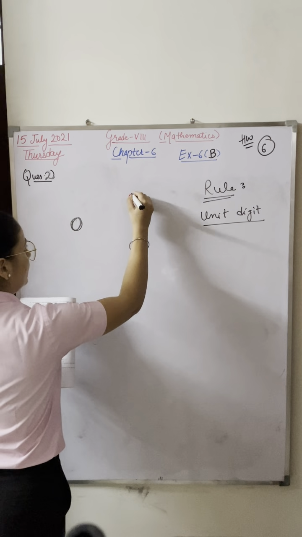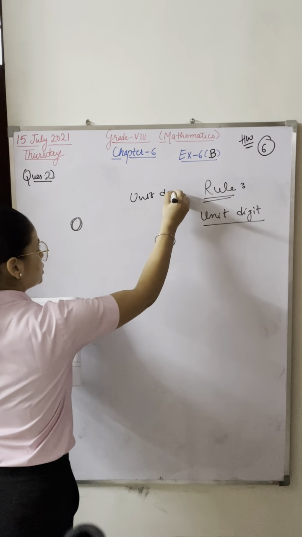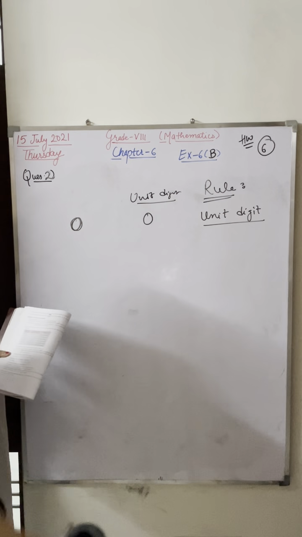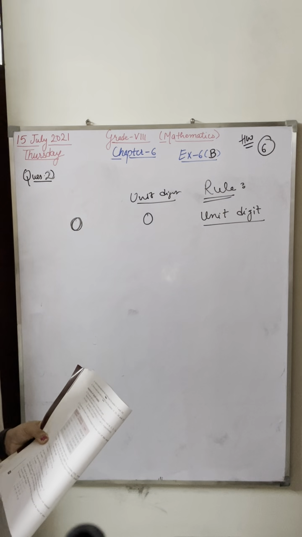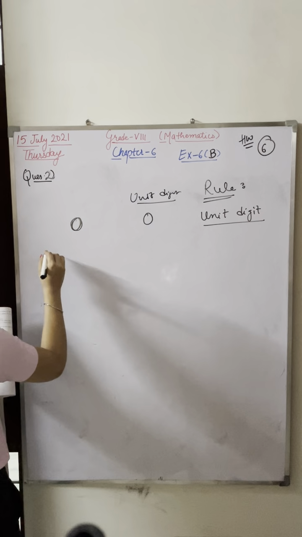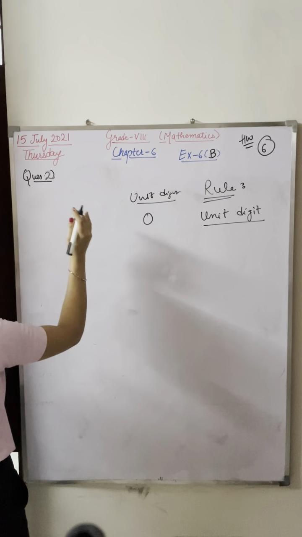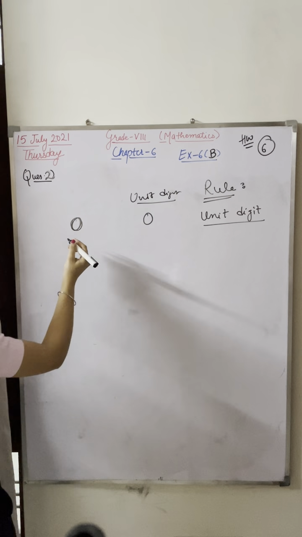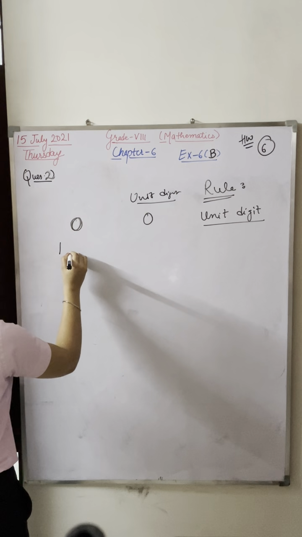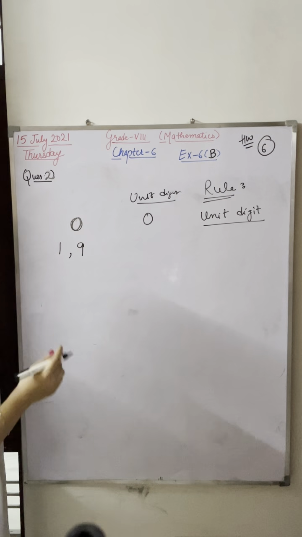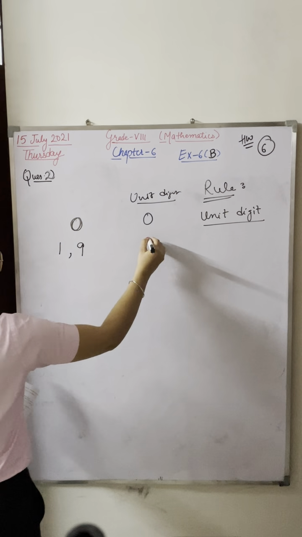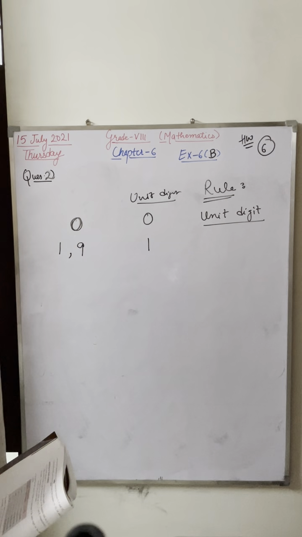The last digits are unit digits. If the last digit is 1 or 9, then your answer will be 1. Your unit digit will be 1.